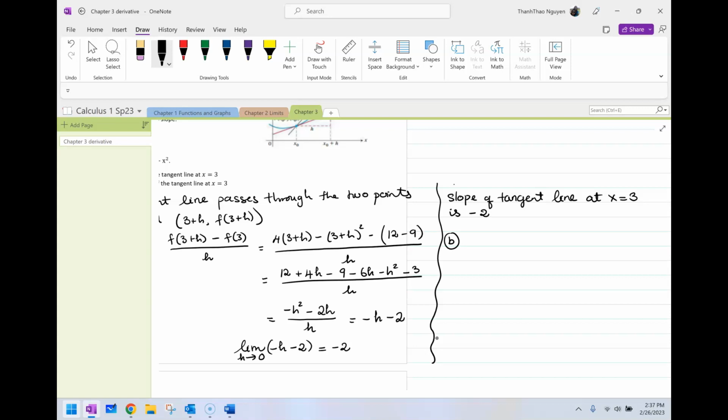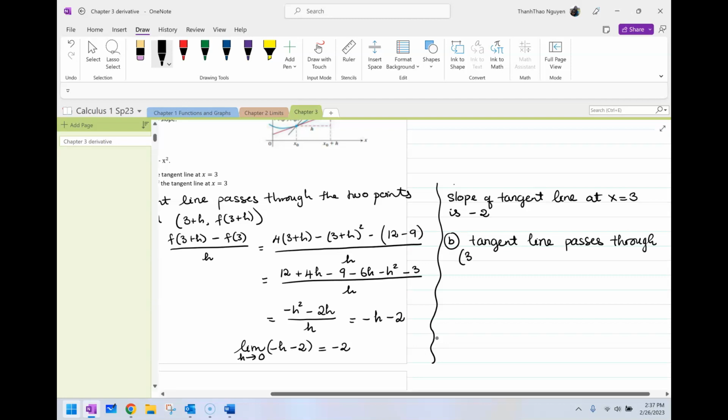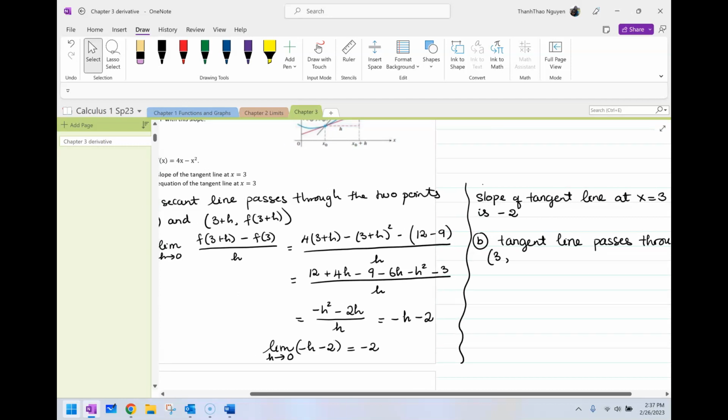In part B, we want to write the equation of the tangent line at x equals 3. Well, in order to write an equation of the line, we need the slope and the y-intercept. So the tangent line passes through the point 3, f of 3.